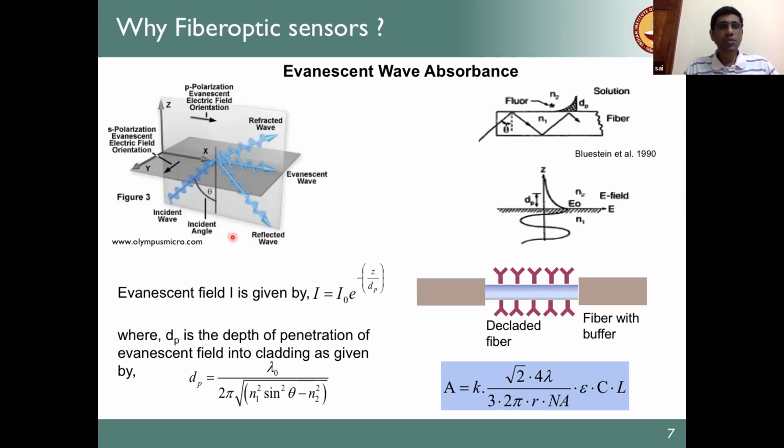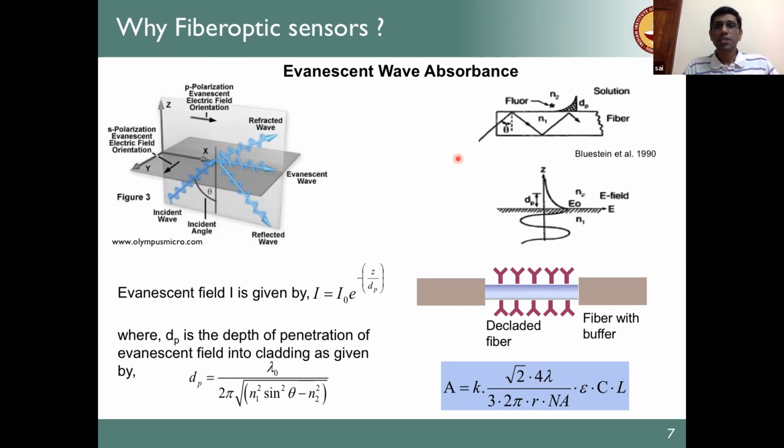Evanescent wave absorbance, if we particularly talk about it, is a very interesting phenomenon. When light gets reflected at the interface of any refractive index contrast, such as an air-water interface, you see an evanescent field at the point of reflection.